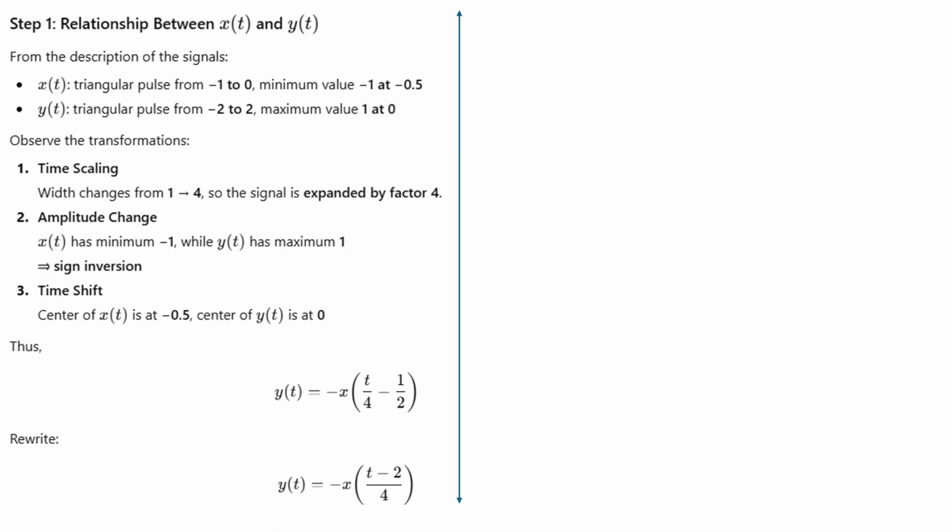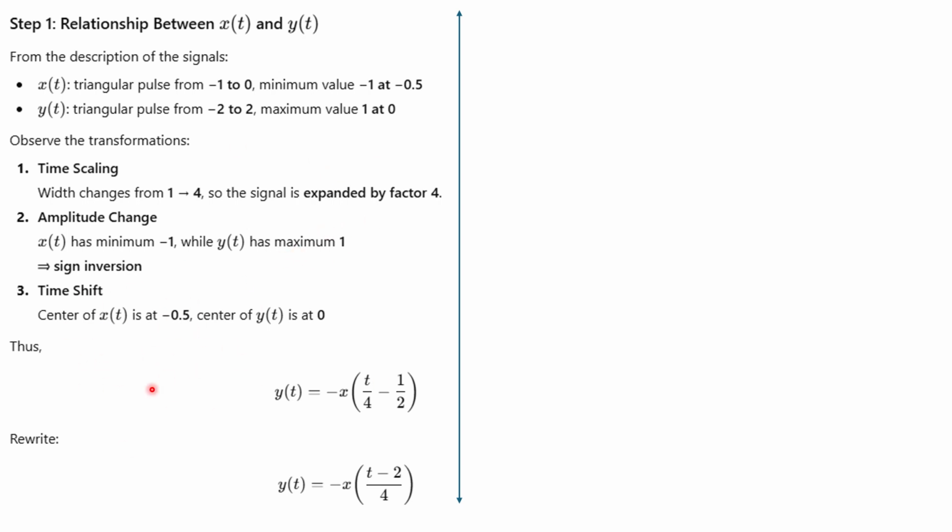Let's see in detail. The triangular pulse is distributed from -1 to 0, with minimum and maximum values, as you can check. The width changes in time scaling from 1 to 4, so the signal is expanded by 4, and the amplitude also changes from -1 to 1 in order to get from x(t) to y(t). How can we achieve this?